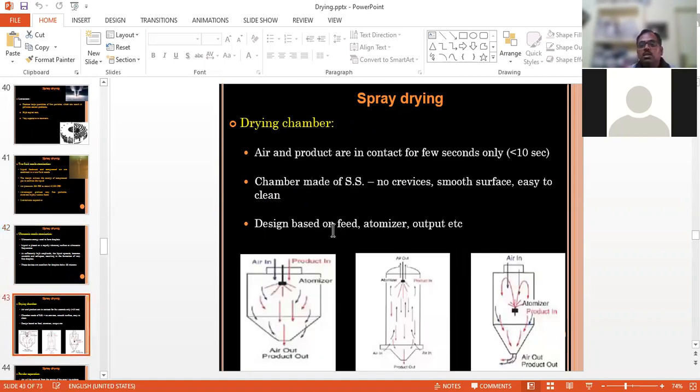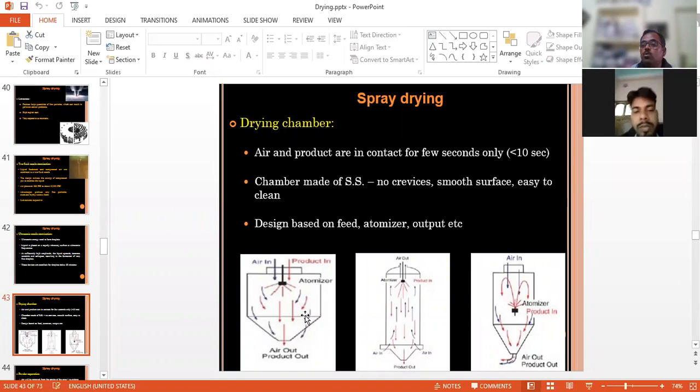Here you can see the different types of drying chambers. Here we can see air and product are in contact for a few seconds, even less than 10 seconds. The chamber is made of stainless steel, so there is no crevice, because crevices encourage the accumulation of milk solids, and they cause contamination of the product.